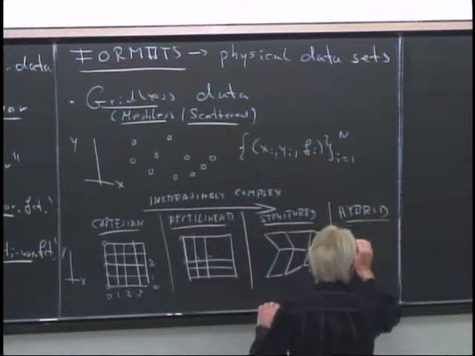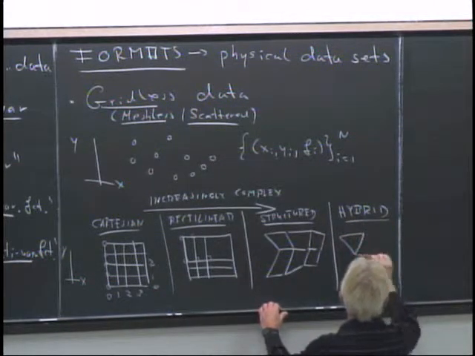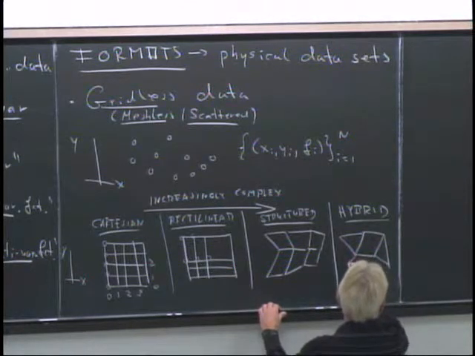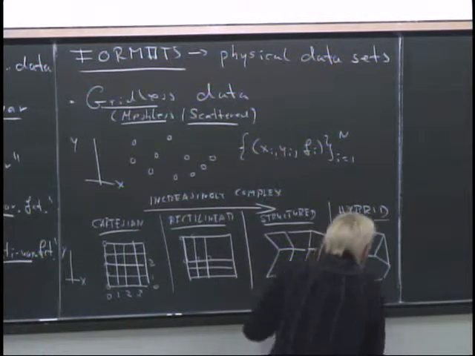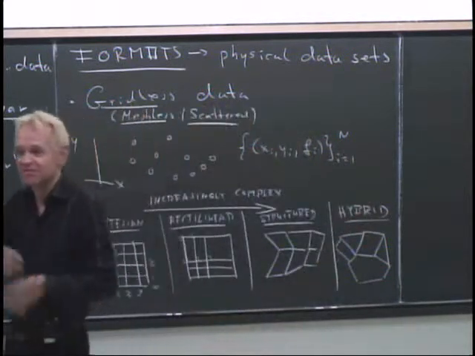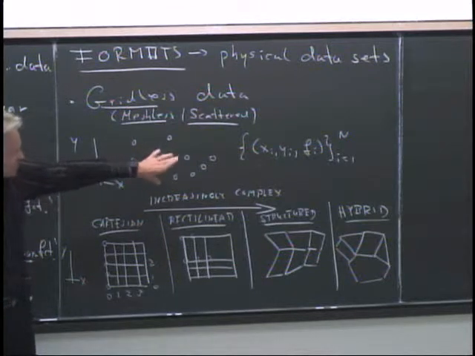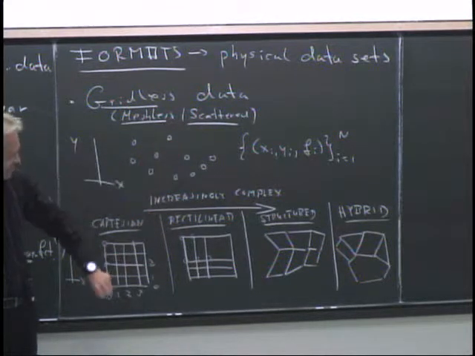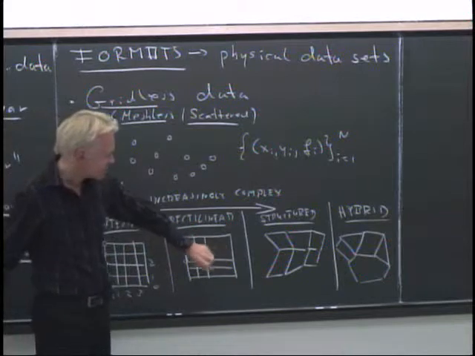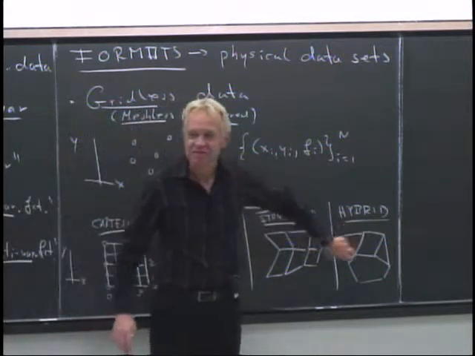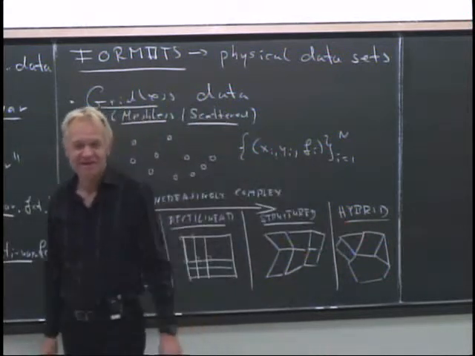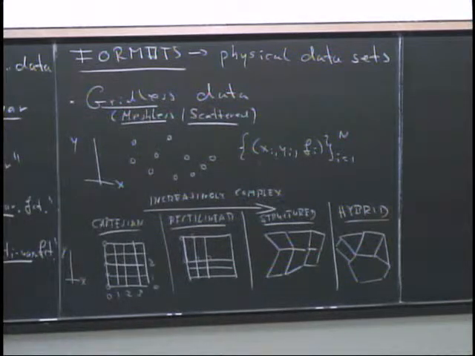A hybrid thing can look like this. Okay. It consists of all kinds of cell types, grid types. So in this class, we will have to worry about making pictures from data like this, data like this, data like this, maybe data like this if you choose to do that, okay? It's all clear? Makes sense?